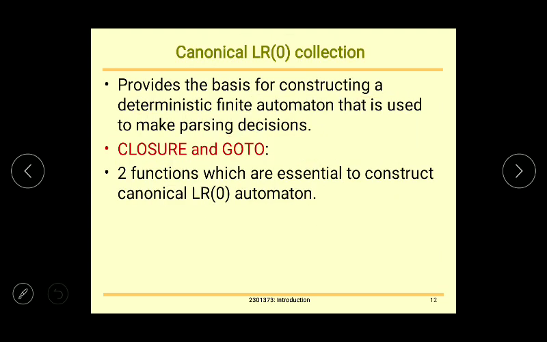Now how these items are constructed and how the items are important to construct an automaton, which provides the basis for constructing the deterministic finite automaton that is used to make shift reduce decisions. We have two functions over here, closure and goto, which play a very important role in the construction of the LR(0) collection of items.